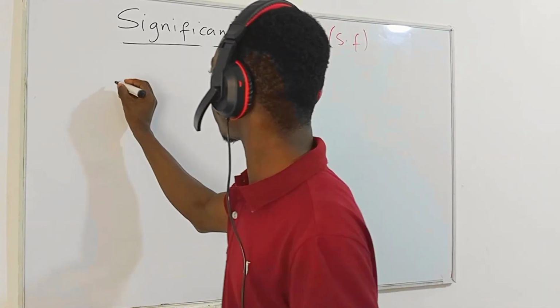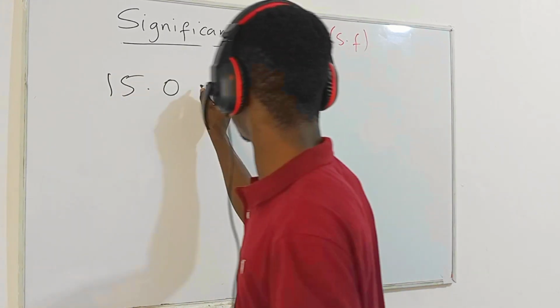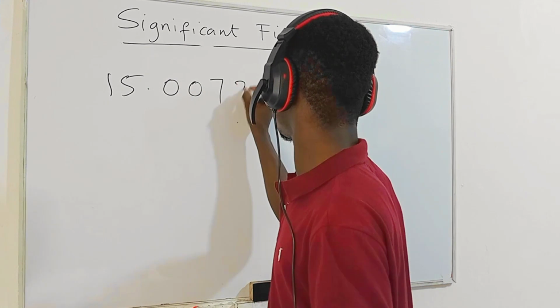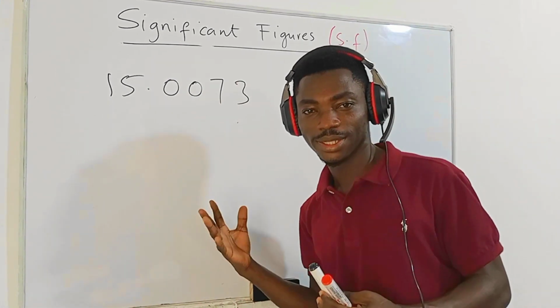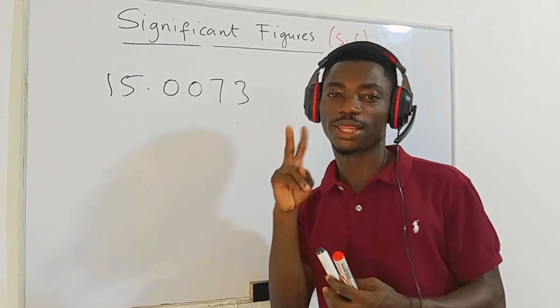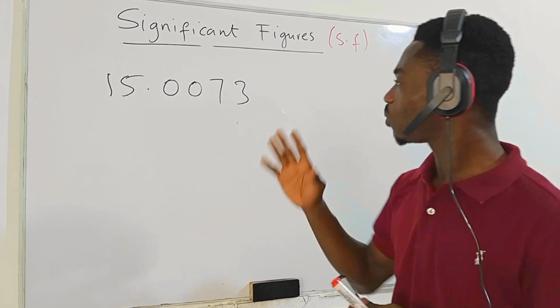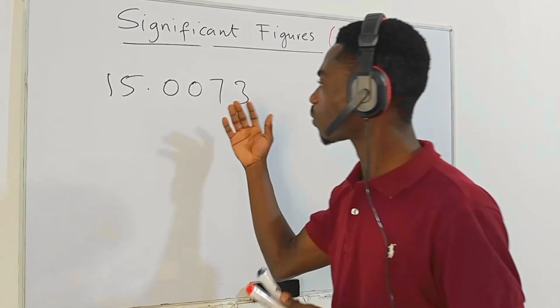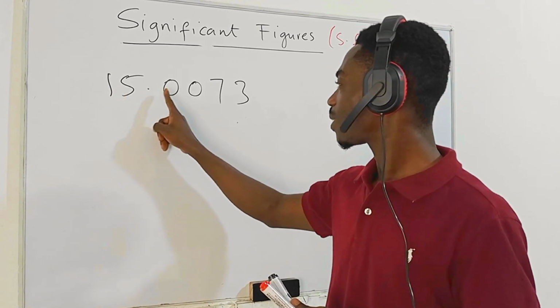So again, let's say we have 15.0073, and maybe we want to leave our answer or this number right here in three significant figures. How are we going to do it? Now, to leave this in three significant figures, of course, we have to start right from here. We have 1, 2, 3.